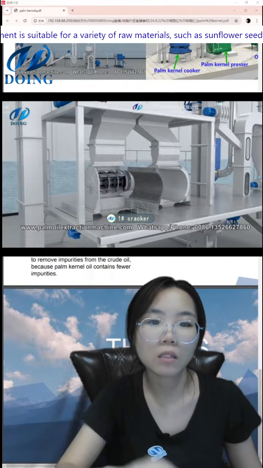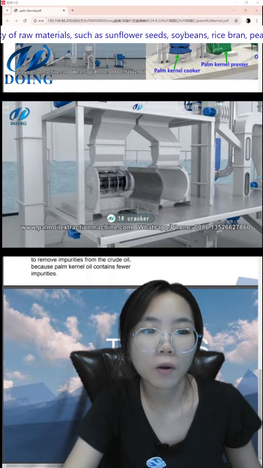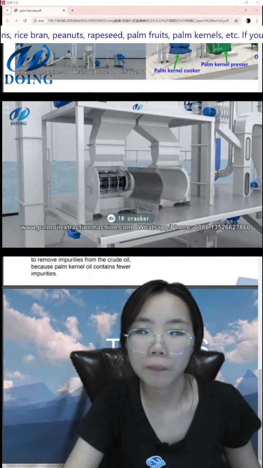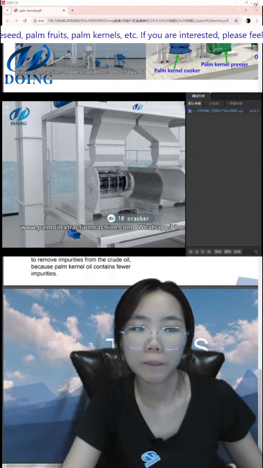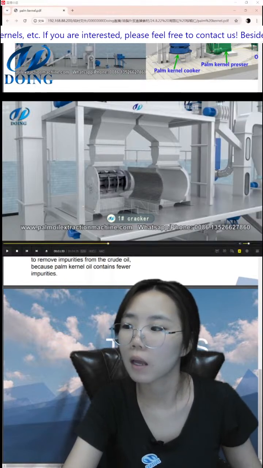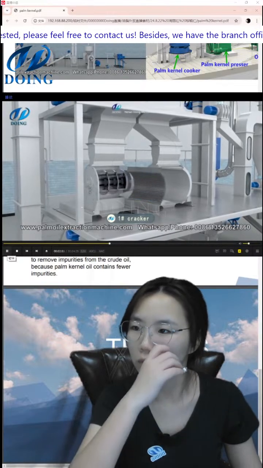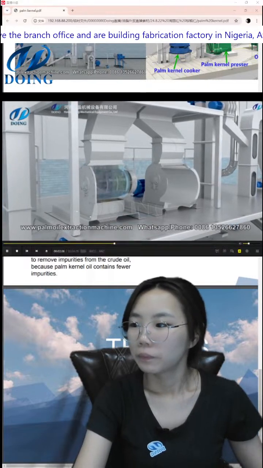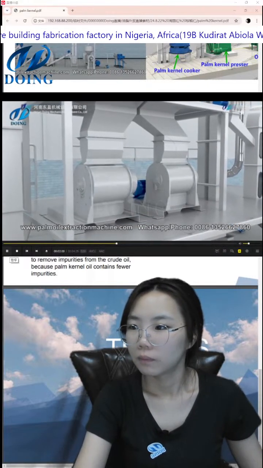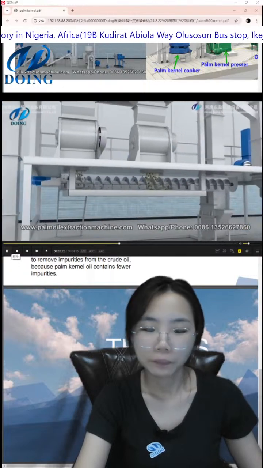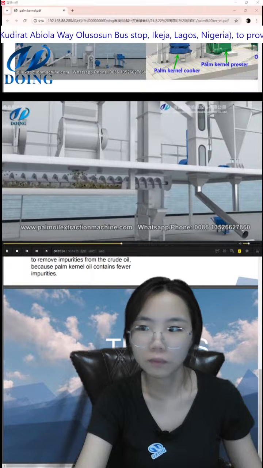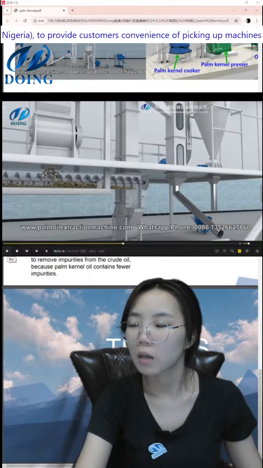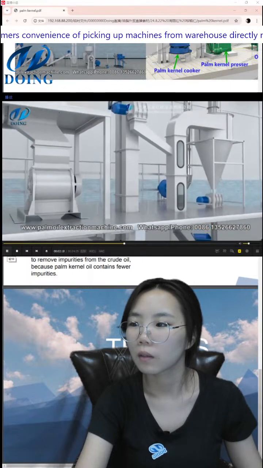The palm nut is in this process. Through this part we can obtain the mixture of the palm nuts and palm kernel. And then the mixture of the palm nuts and palm kernel enters the bucket elevator.